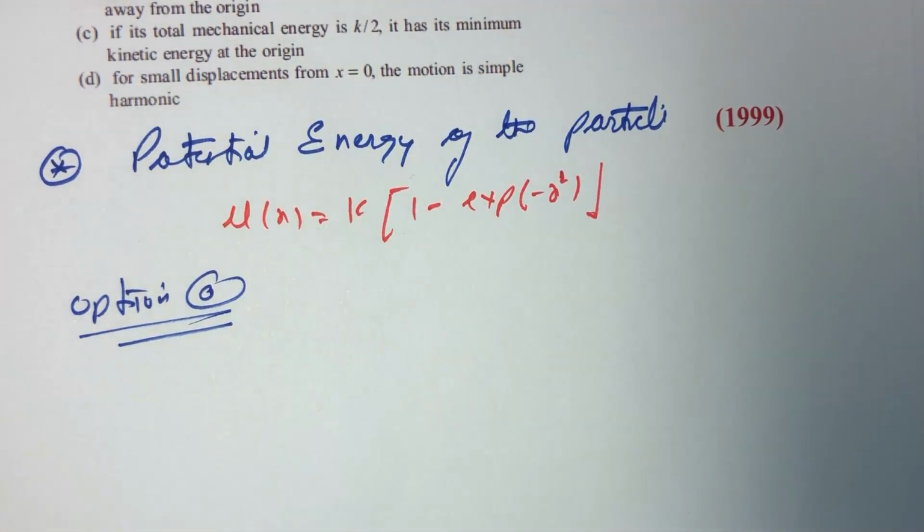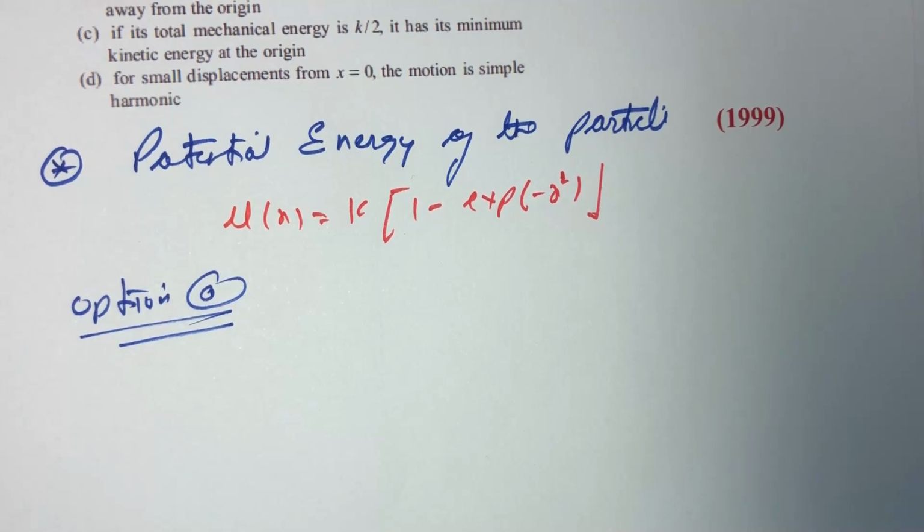Option A. We have to find out whether away from the origin the particle is in unstable equilibrium.